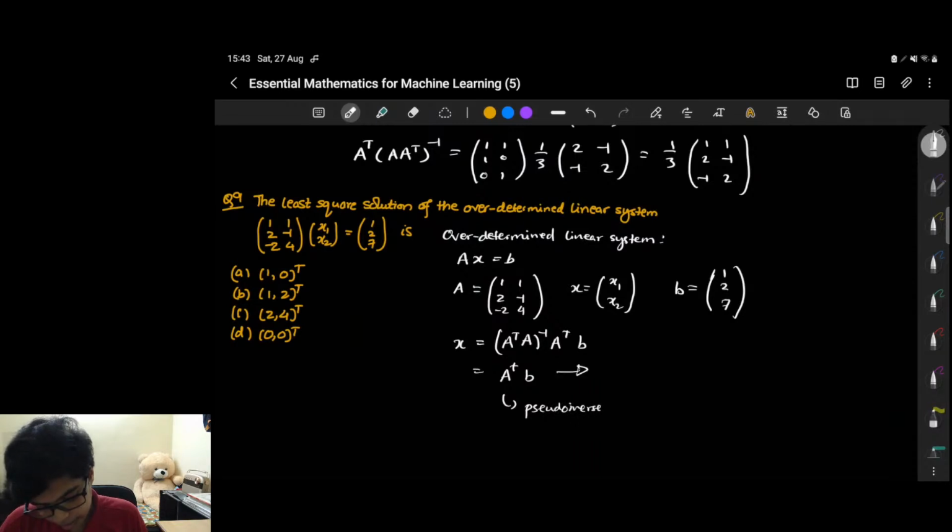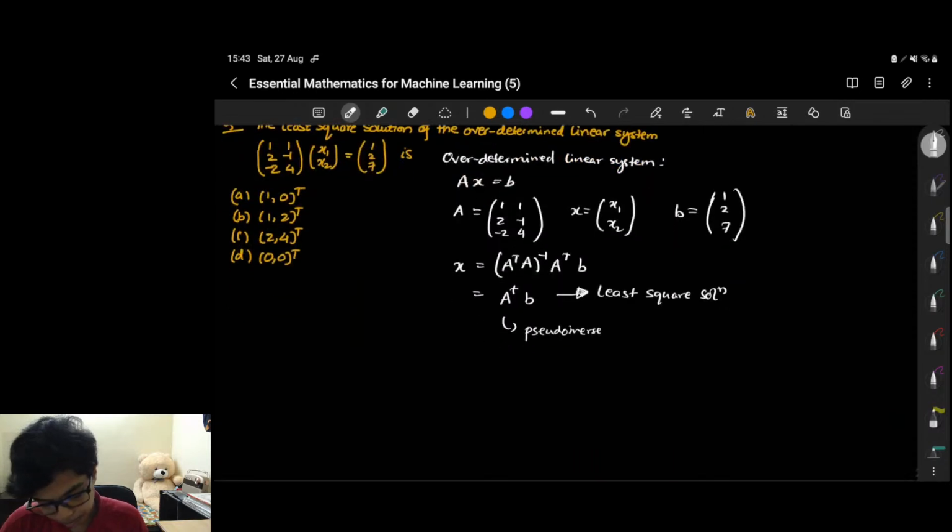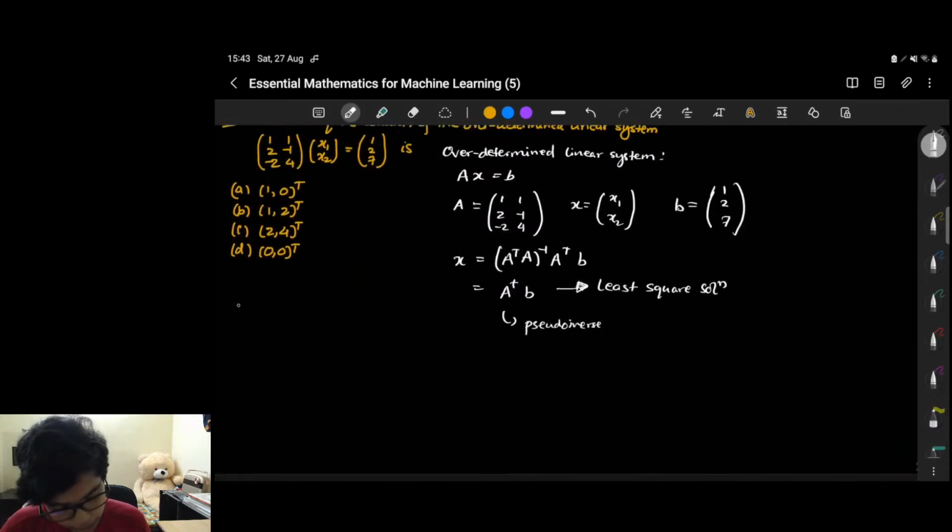And this, x equal to A dagger b, is your least square solution. So let us find out A transpose A. So this is A transpose, and then A.